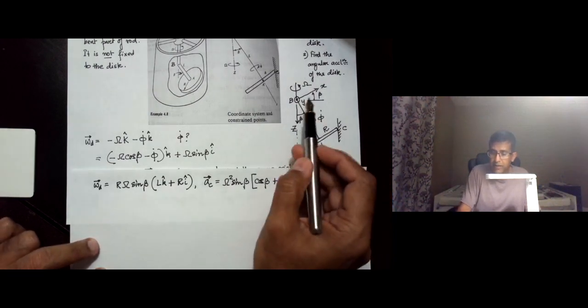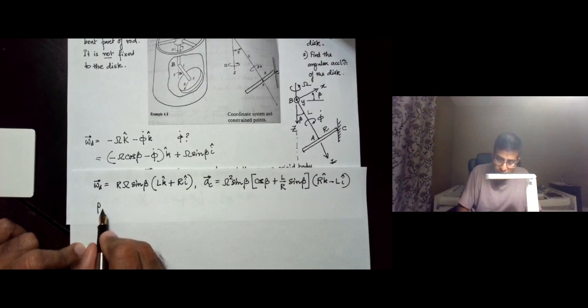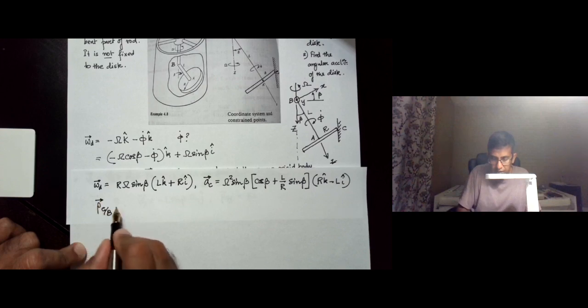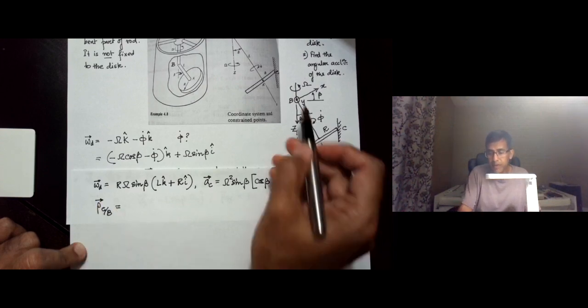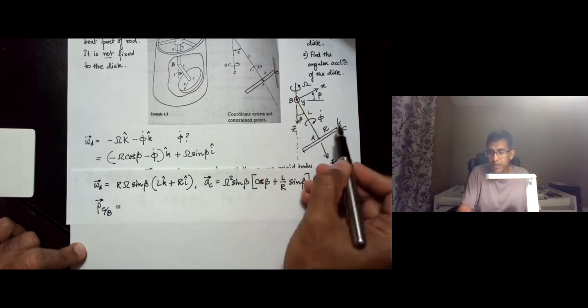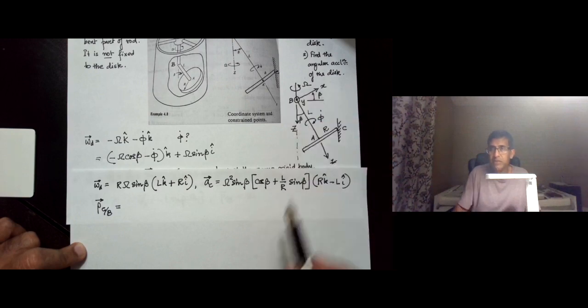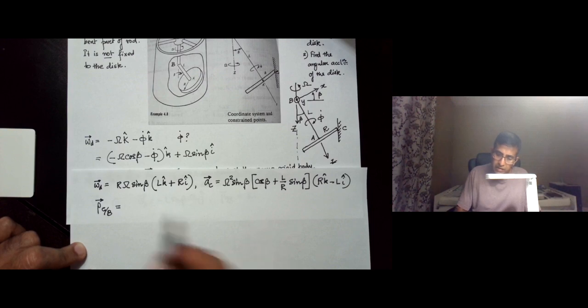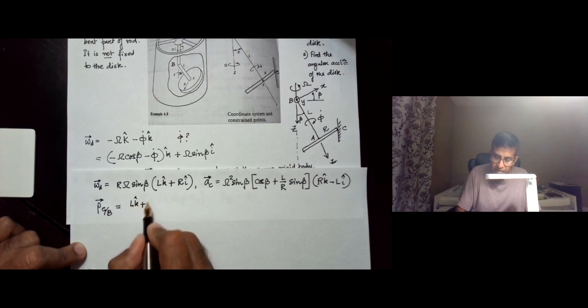Let's consider the vector going from B towards C. So rho C with respect to B is the vector going from B towards C, and based on this triad that we are using to represent all these vectors, that vector is given by Lk plus Ri.